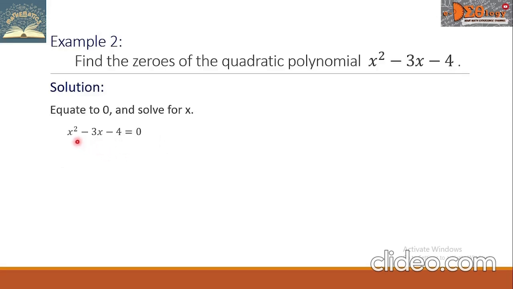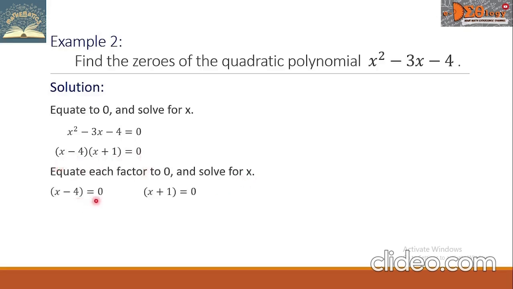The factors of x squared minus 3x minus 4 are x minus 4 times x plus 1, equal to 0. We equate each factor to 0 and solve for x. The first factor, x minus 4, equals 0, and the second factor, x plus 1, equals 0.